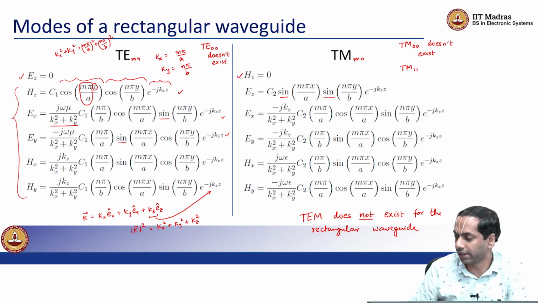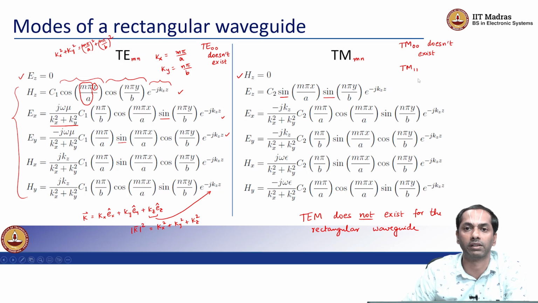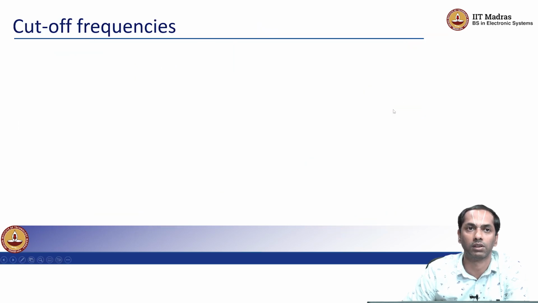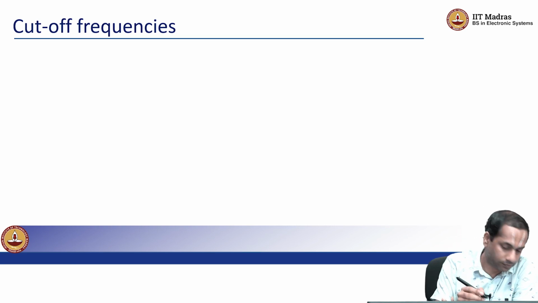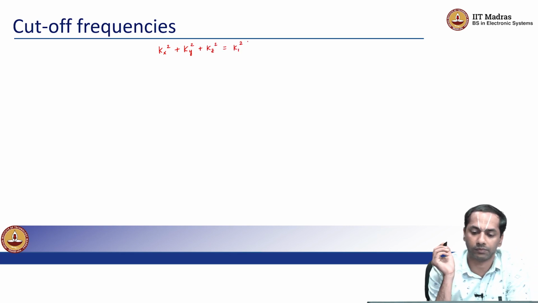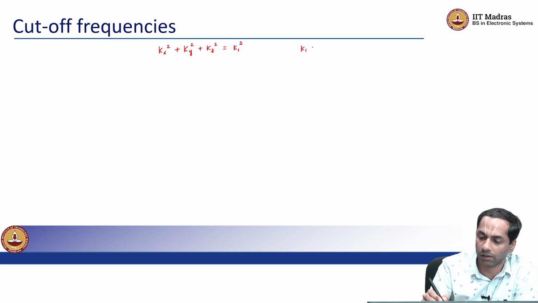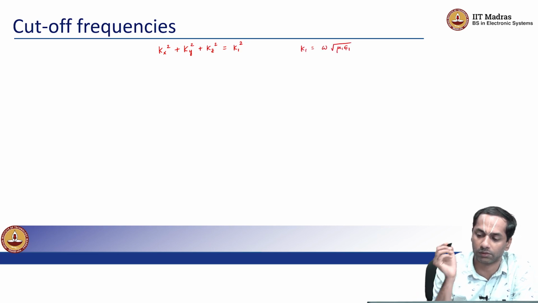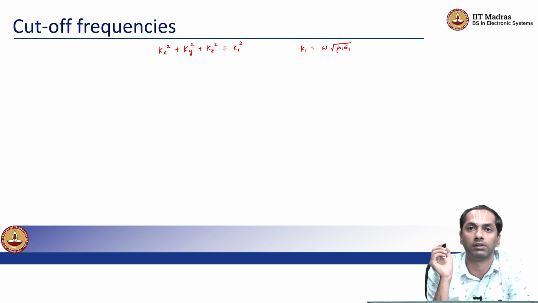So we'll try to see some ordering between these various modes that we talked about through the idea of cutoff frequencies, right? So I told you that the Pythagorean relation for the components of the propagation vector can be written this way, right? So k1 of course is omega square root of mu1 epsilon1, okay.